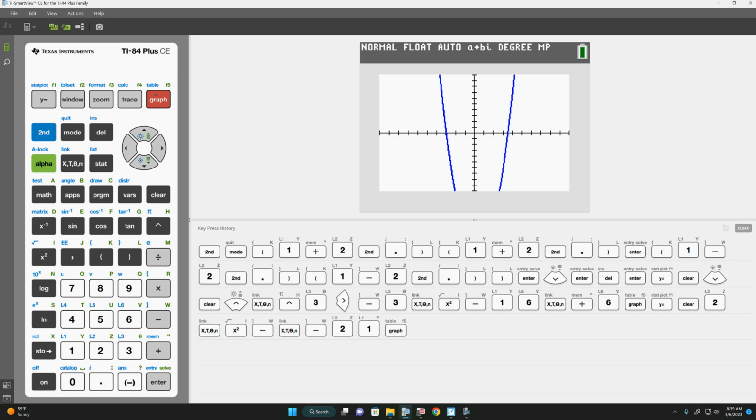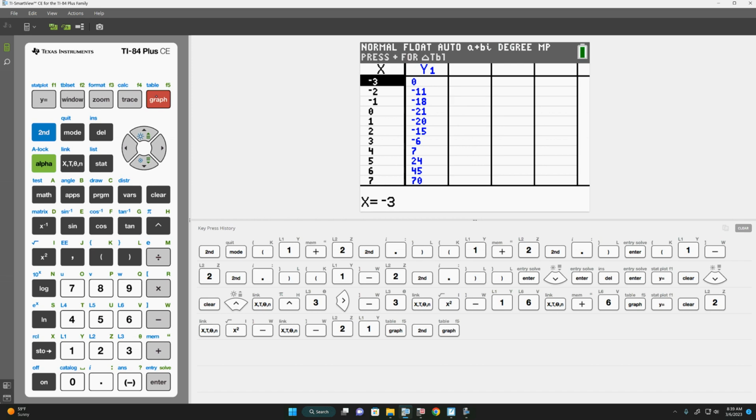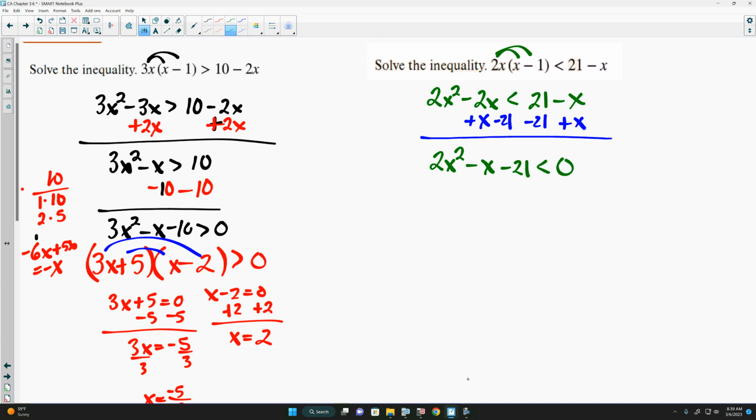So we're talking about where it's less than 0, yes? We're talking about just the part of the graph that is below the x-axis, yes? Which would be everything between our two solution points. Now, one of the solution points, incidentally, is -3. That's kind of nice to know. Because as a factor, it would be x plus 3.